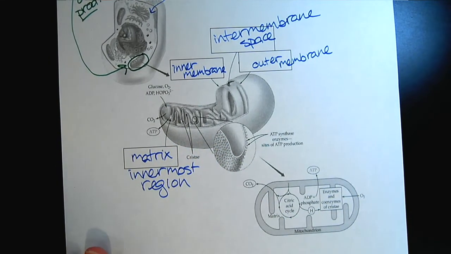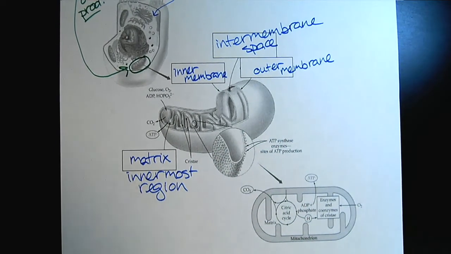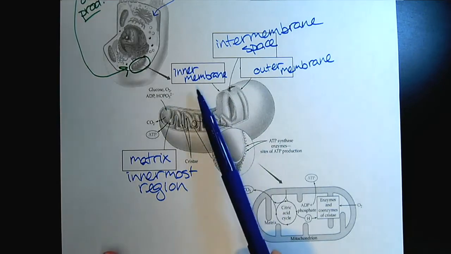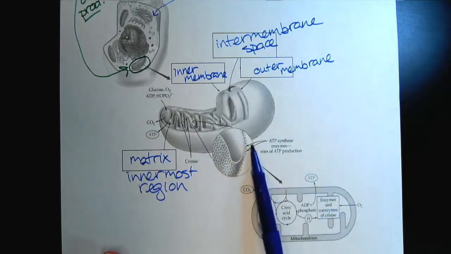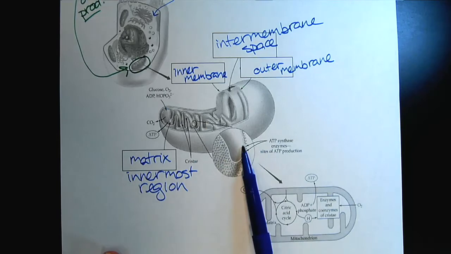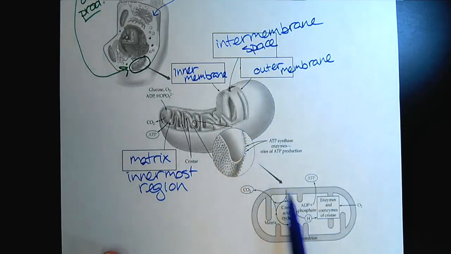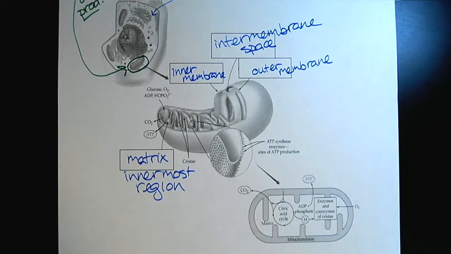Now that we have our bearings, we will be talking about the inner membrane, this intermembrane space and the matrix, because this is where the enzymes occur. We will be talking about all of that as we proceed through this tutorial. So it's important to know where we're talking about.